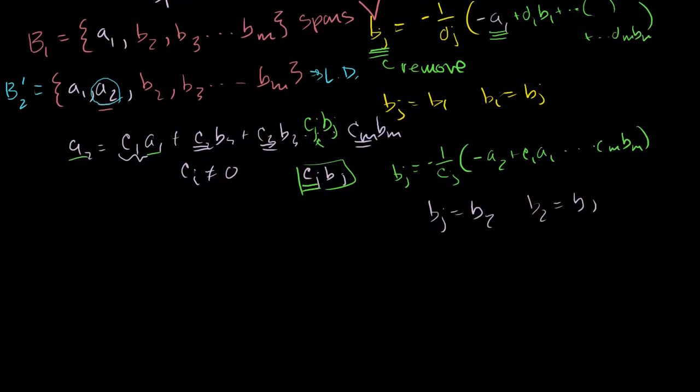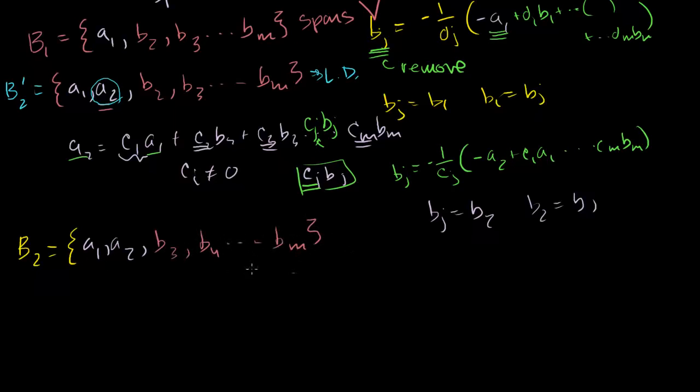So when I remove that term, and now I renamed it b2, I call this set b2, and now it's equal to a1, a2. And now I have the leftovers of my b's. So I have b3, b4, all the way to bm. Notice I still have exactly m elements.